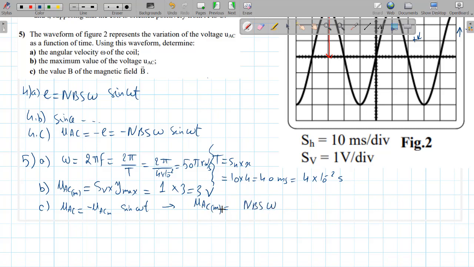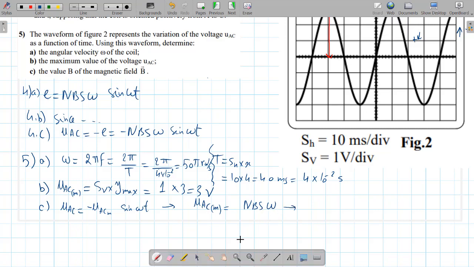So we have UAC, we have N, we have S, and we have omega. بيبقى عنا B. So B equal UAC max over equal 3 over 500 times 10 times 10 to the negative 4 times 50 pi, which is equal B equal 0.038.